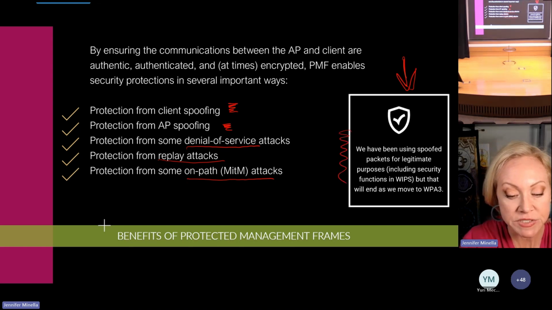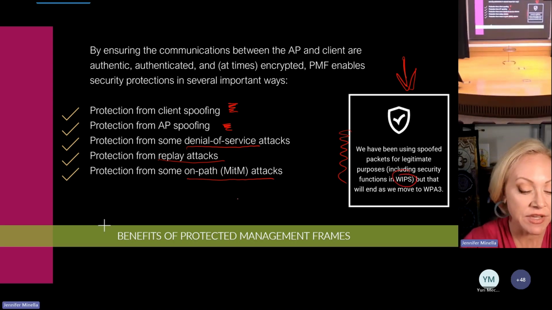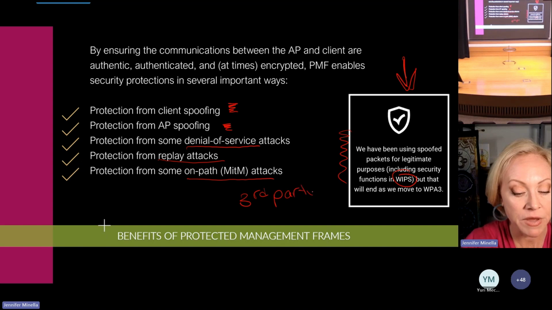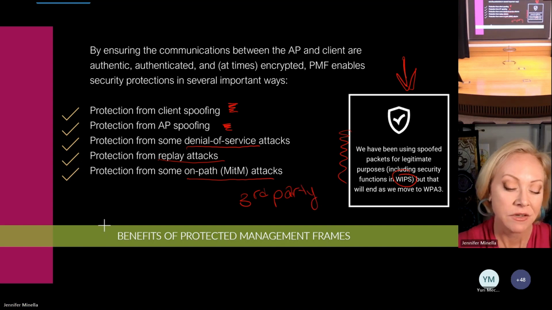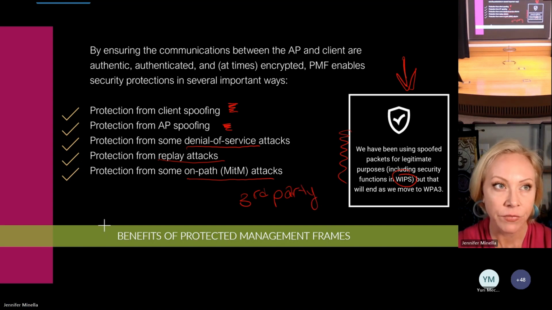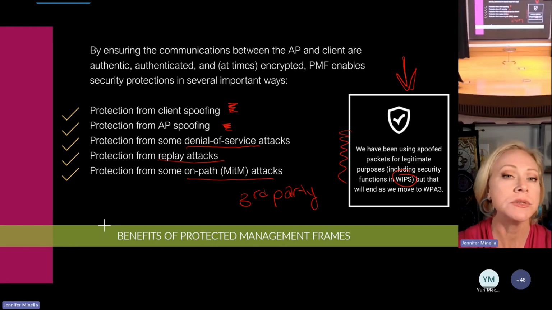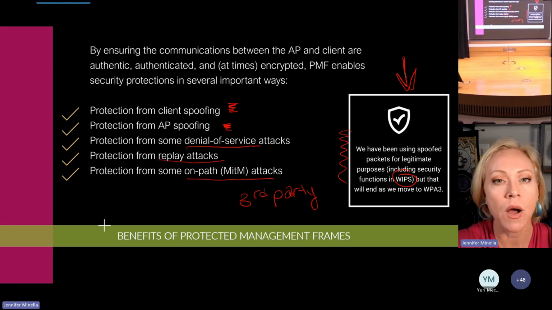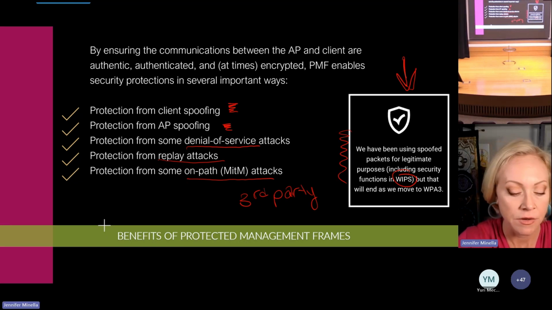So there's WIPS. There's also anything that's a third-party tool. And what I mean by third party is not within the Wi-Fi infrastructure. So if you're using whatever, Cisco, Meraki, Aruba, Juniper Mist, Extreme, it doesn't matter.